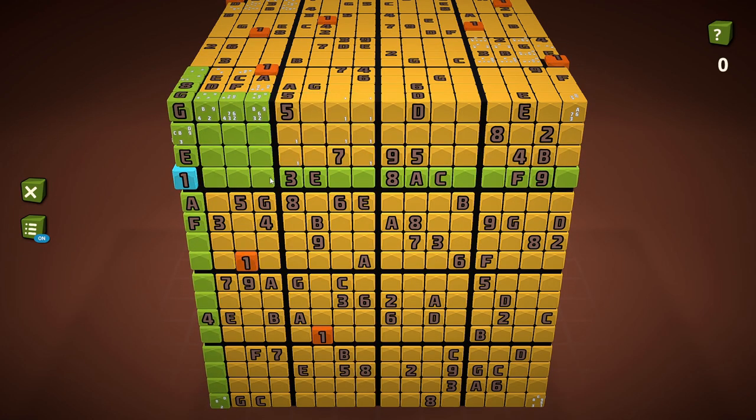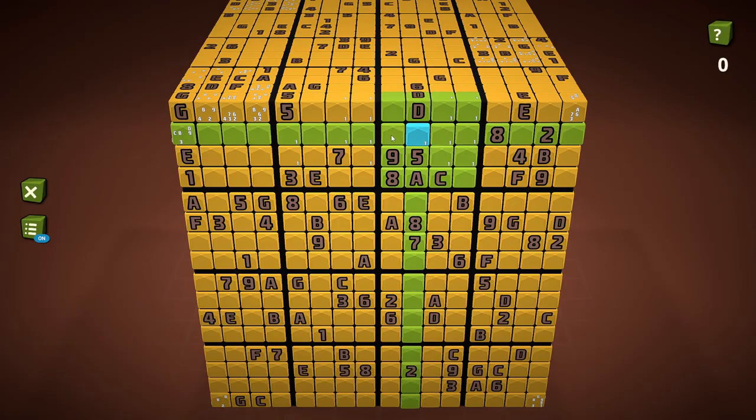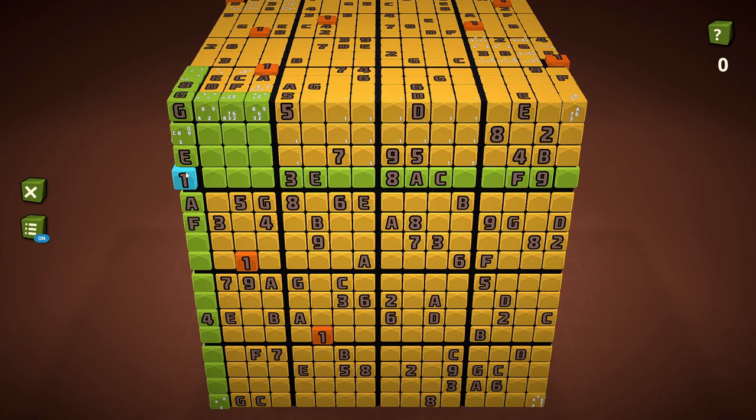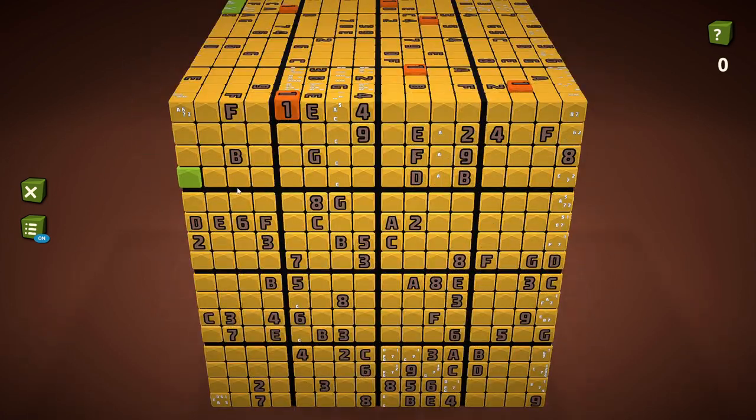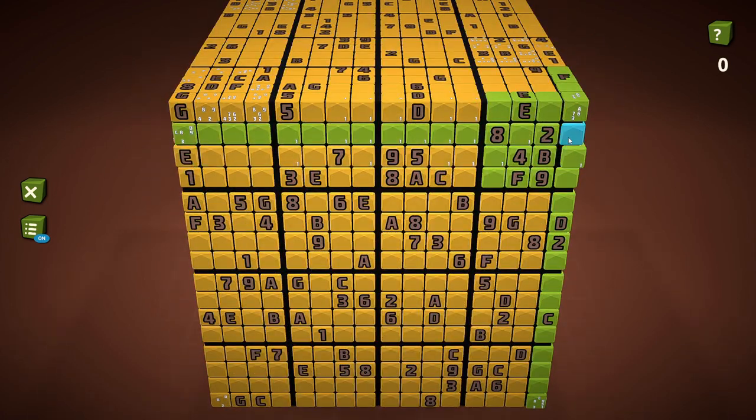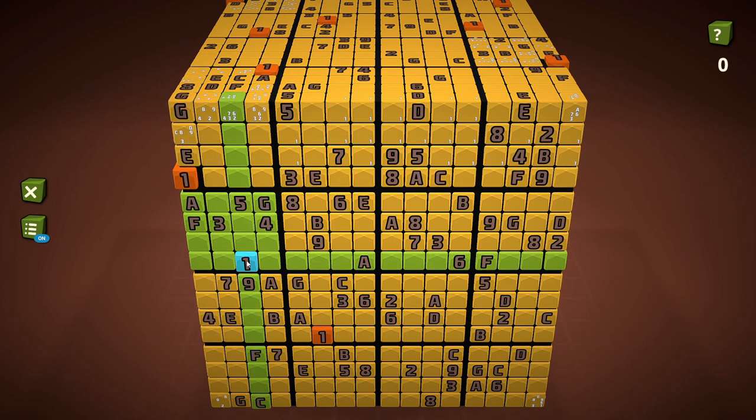Alright, sure, sure. Oh, that's interesting. None of the top row can be 1s. A little bit more oomph on up here being a 1, but nothing concrete yet.